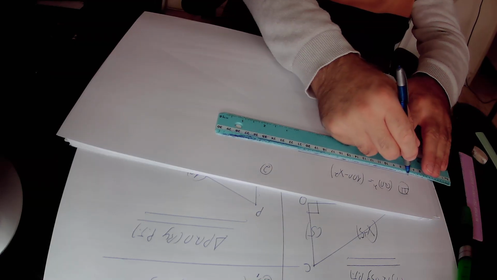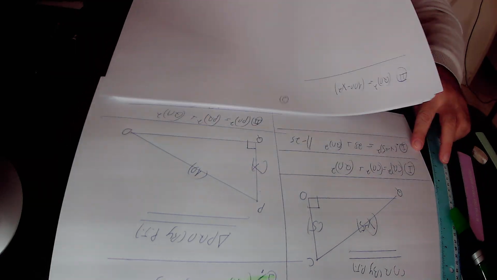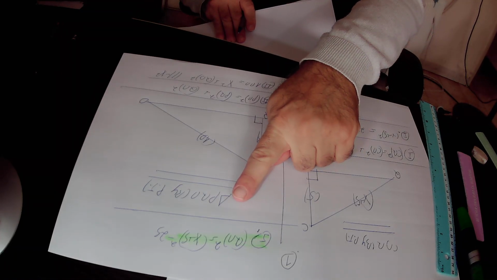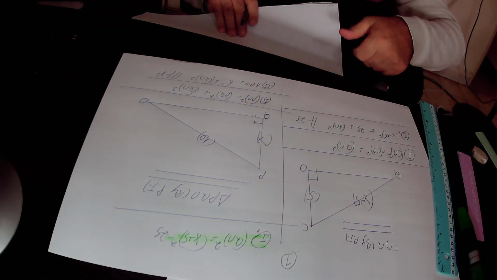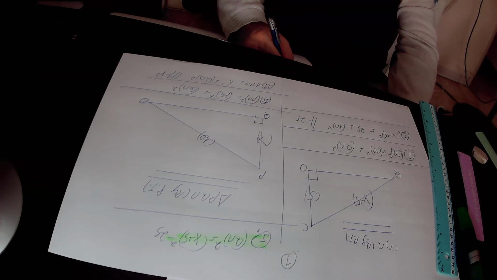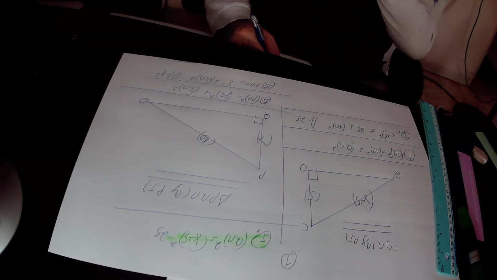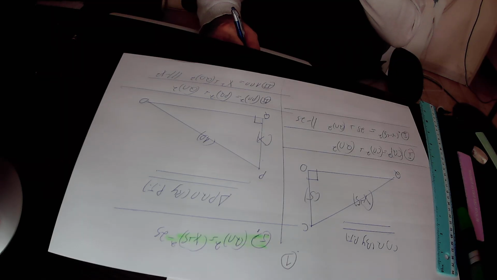This is according to equation 2, while according to equation 1, we have found out that QO squared equals x plus 5 squared minus 25.